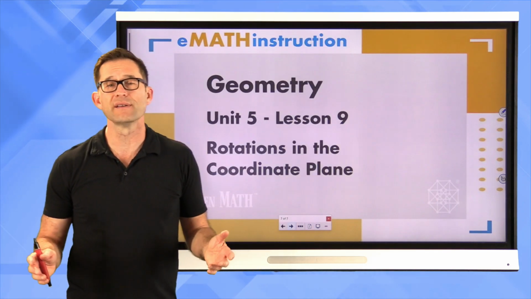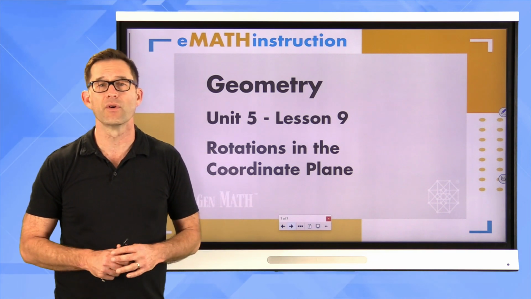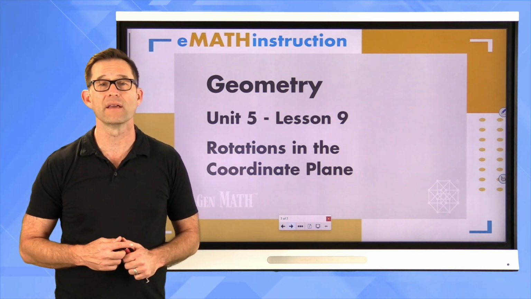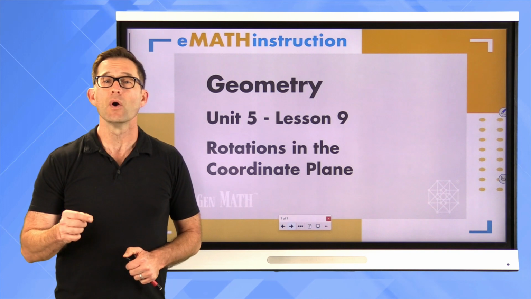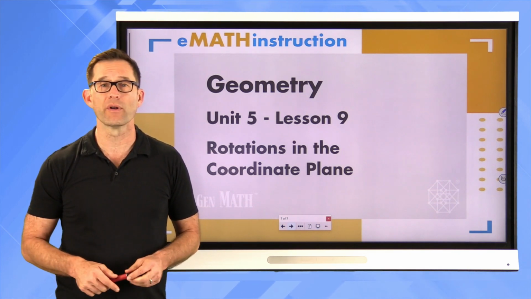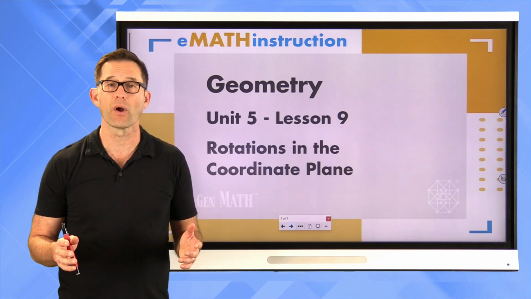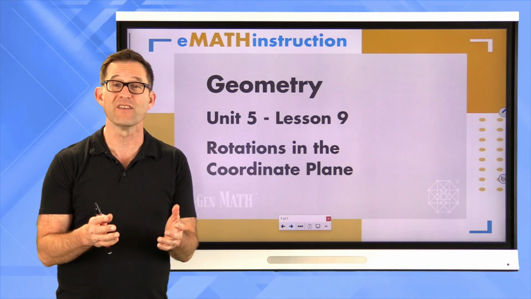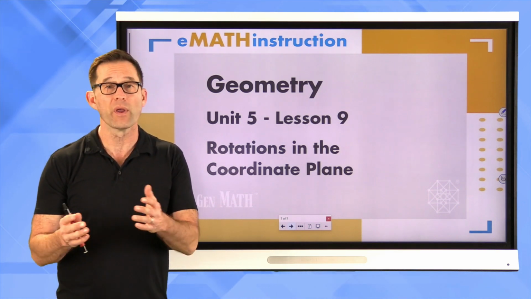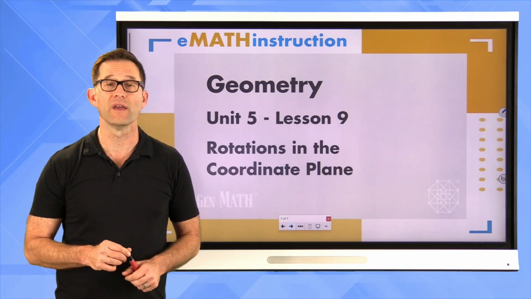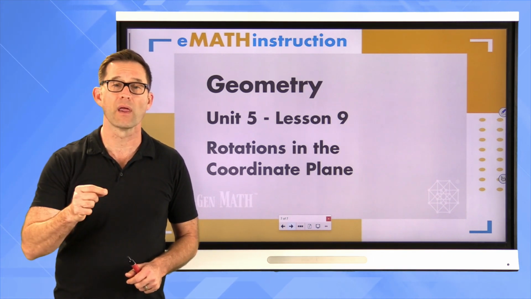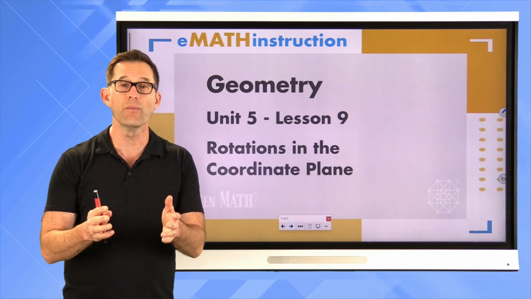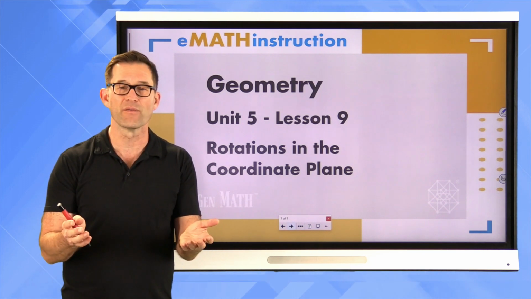So in today's lesson, what we did wasn't all that different than the rotation work that we did back in Unit 2. Except here, we looked at it exclusively in the coordinate plane, and we got to verify some things that we already knew, which was that rotations preserved lengths. We were able to see that using the distance formula. We also saw that 180-degree rotations produced images that were parallel to their pre-images, and our slope formula helped us to verify that.